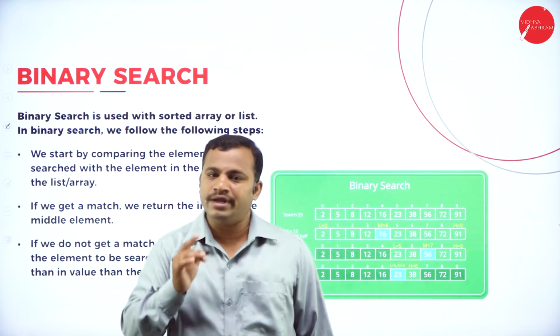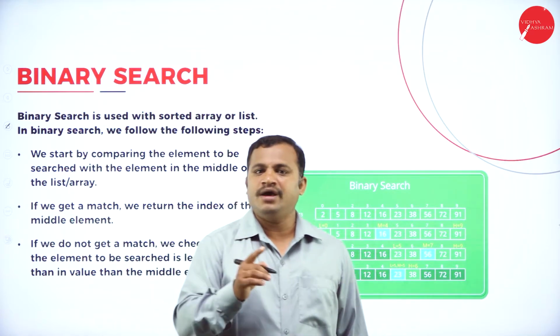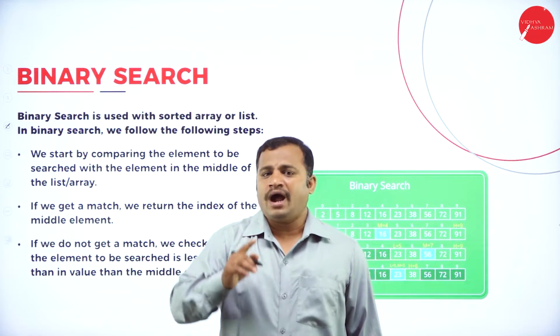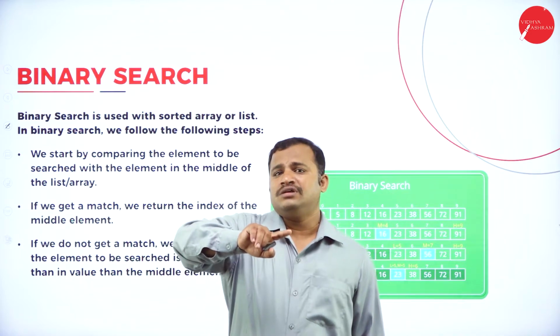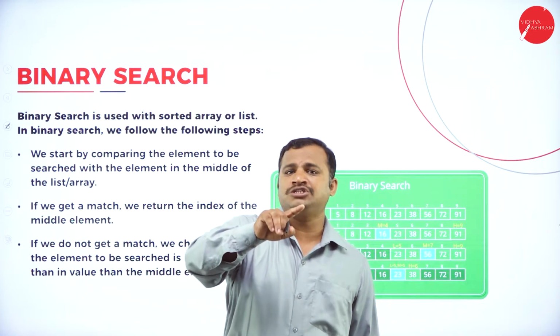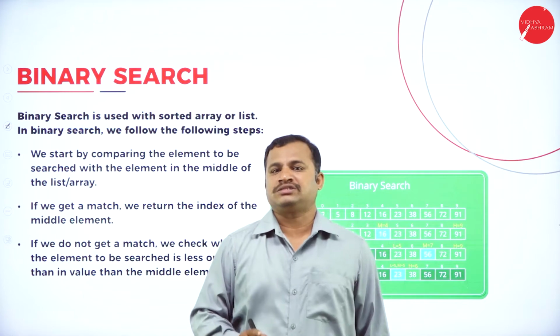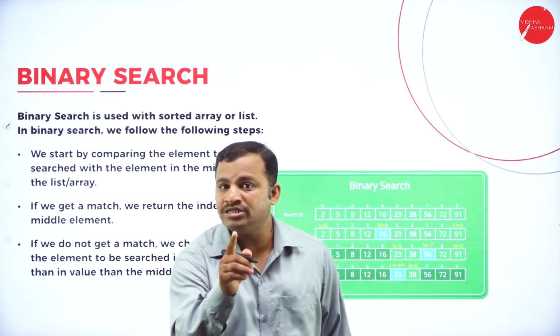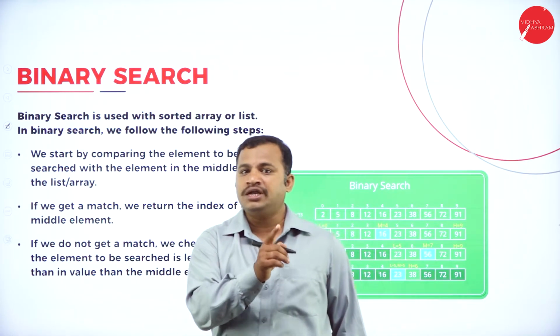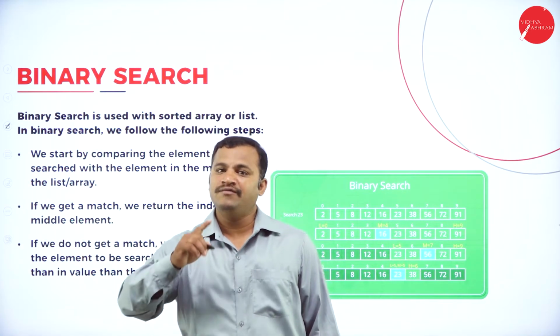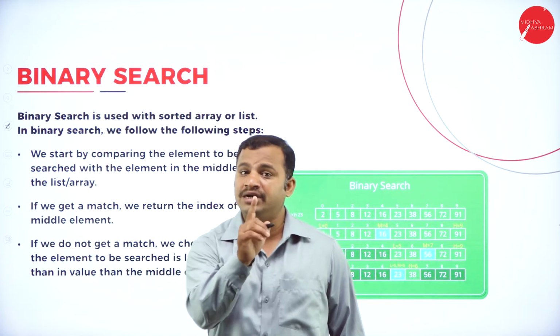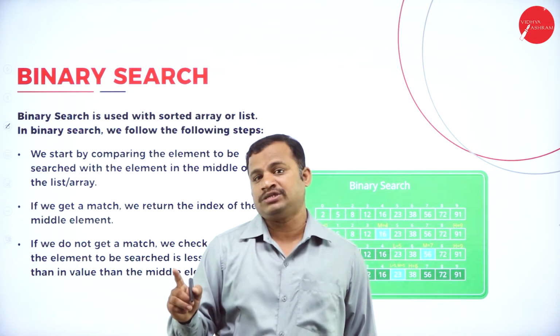So that is the advantage of linear search over binary search. Linear search is good enough to search the elements of an array even when they are not sorted. But that is not the case with binary search.